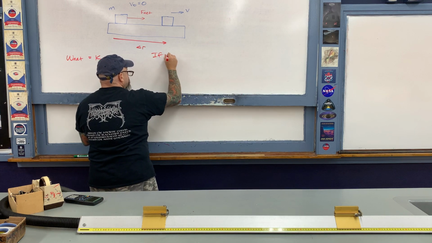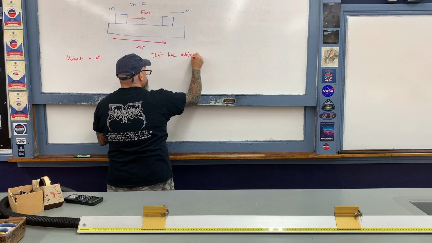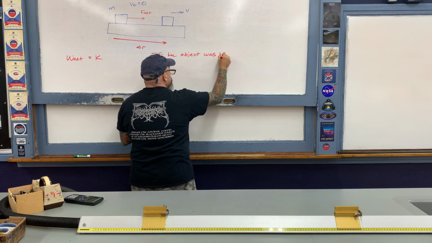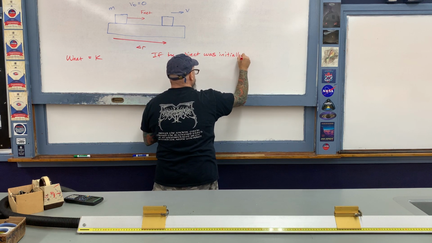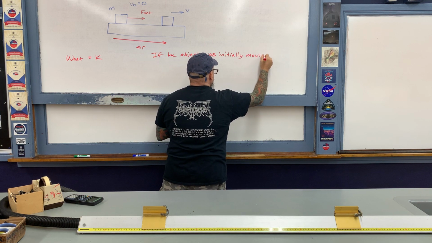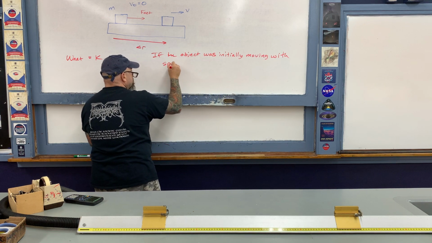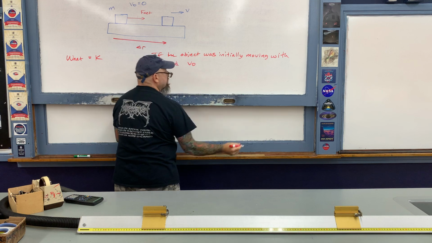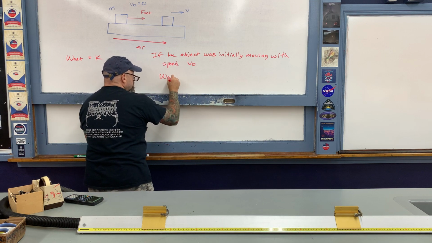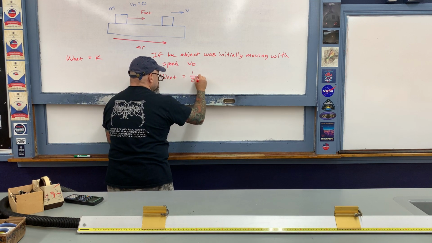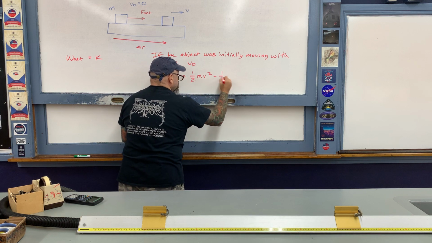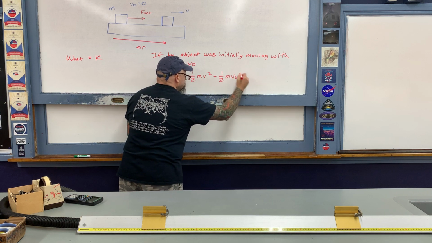So if the object was initially moving with speed v0, then the work energy theorem is as follows. Net work equals the change in the object's kinetic energy.